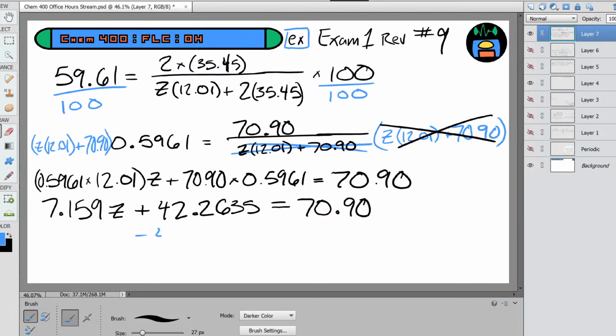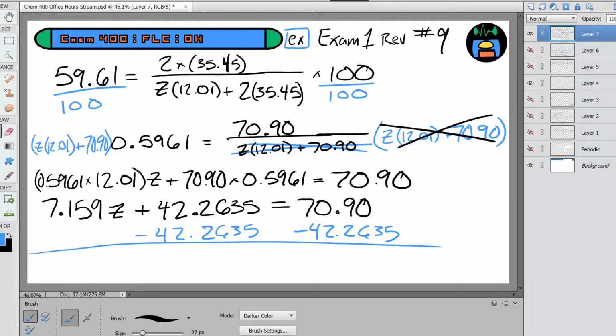I'm going to subtract 42.2635 from both sides of this equation. So we're going to get 7.159Z is equal to 28.63651.